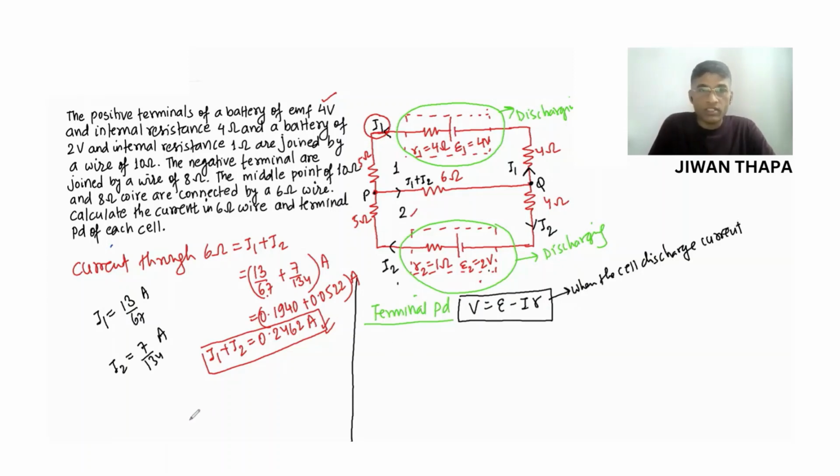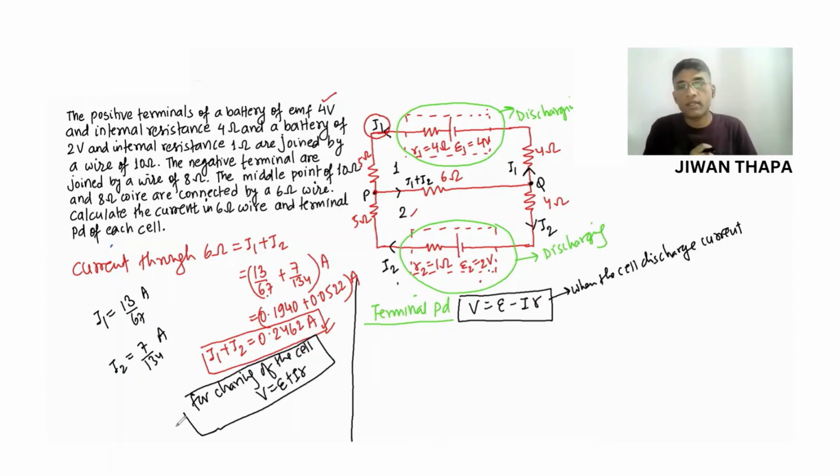And for charging of the cell, we use this condition V equals E plus IR. So this is to be noted.